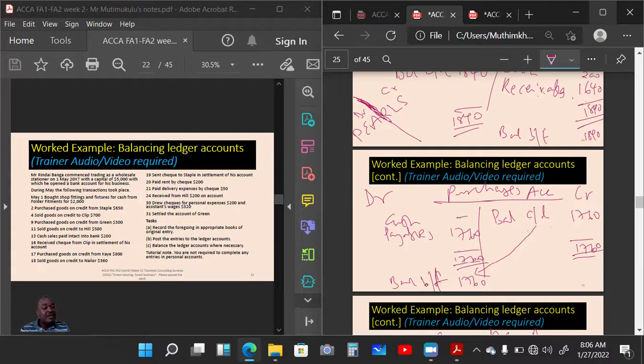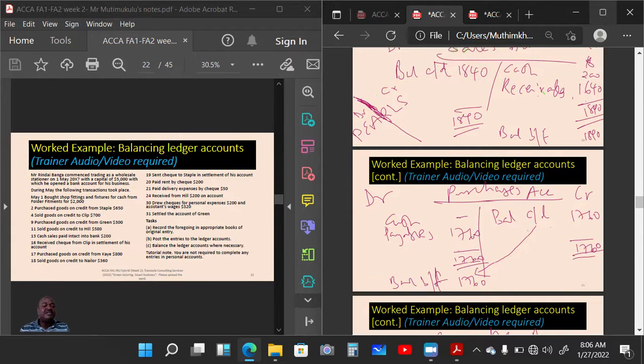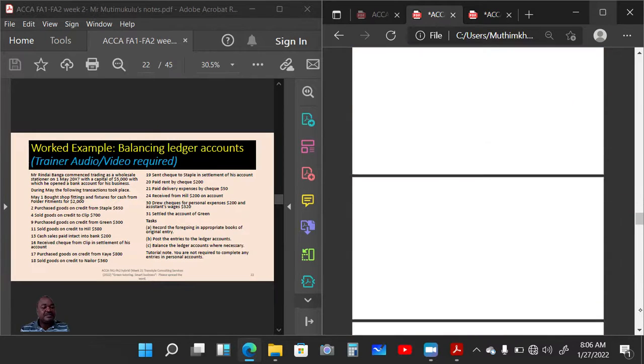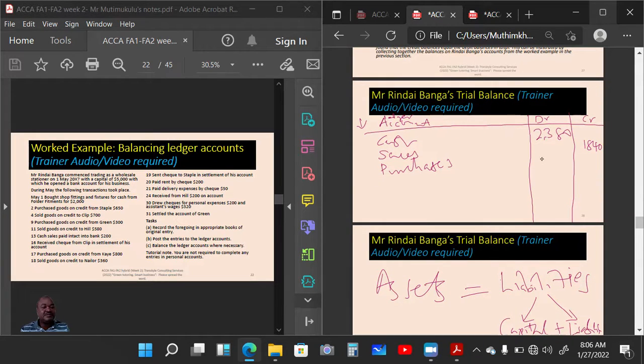The side where the balance brought forward is, that's where you can determine if the account has got a debit or a credit balance. By default usually purchases have got a debit balance. So 1760 debit.